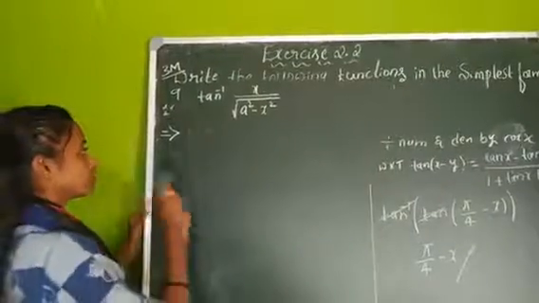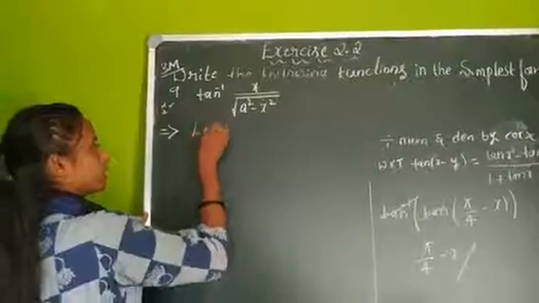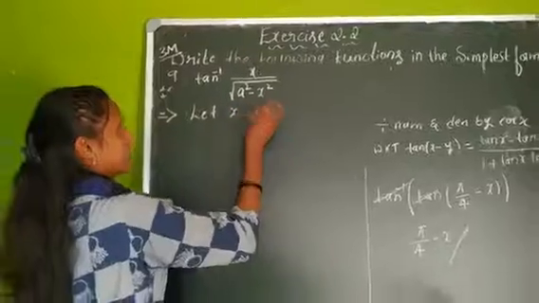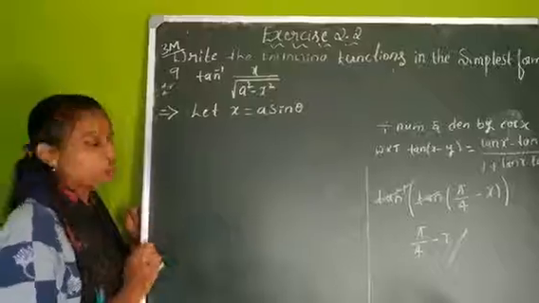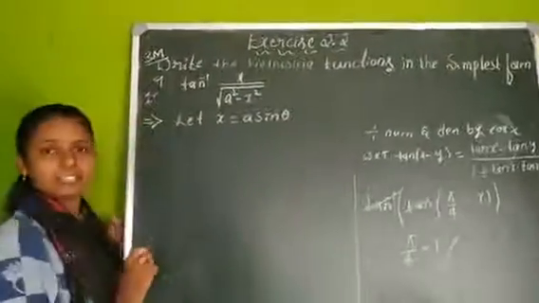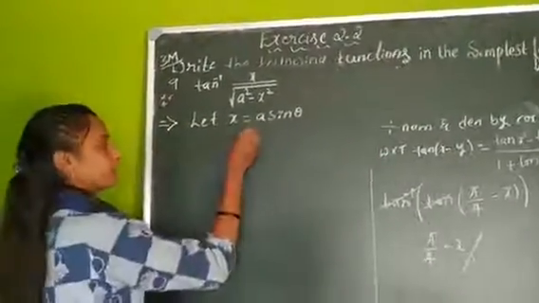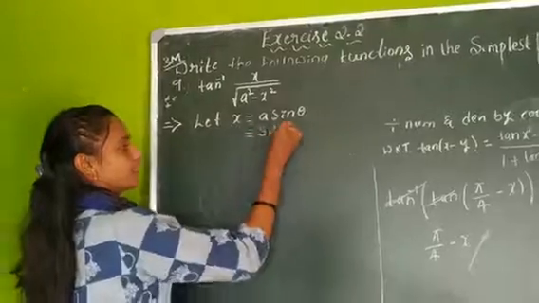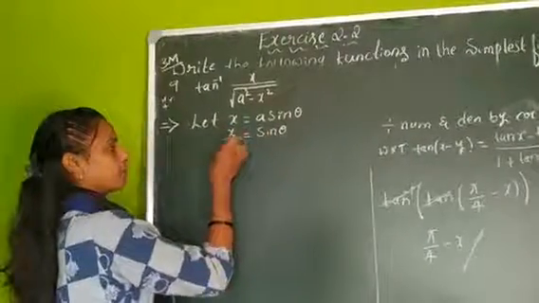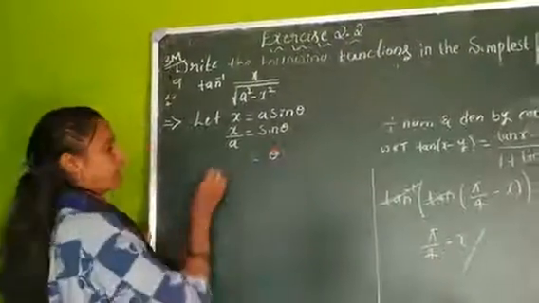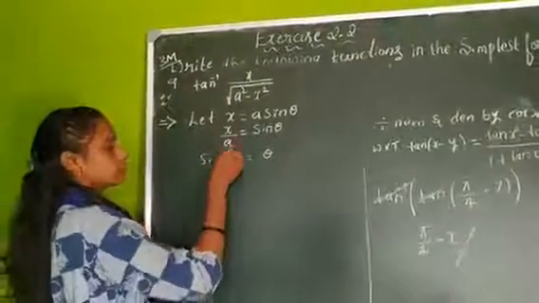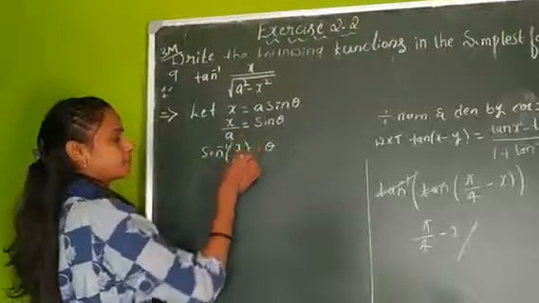Okay. Now I'll go with the substitution, that is, let x be a sine theta. You'll come to know why I am taking these functions only. So here, I can write sine theta as x divided by a. Clear? Then theta can be written as sine inverse of x by a.